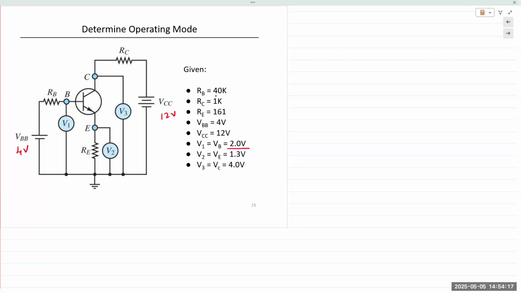VB, voltage at the base, is given as 2 volts. Voltage at the emitter is given as 1.3 volts. And voltage at the collector is given as 4 volts. So the first step is to determine whether the base emitter junction is forward bias.